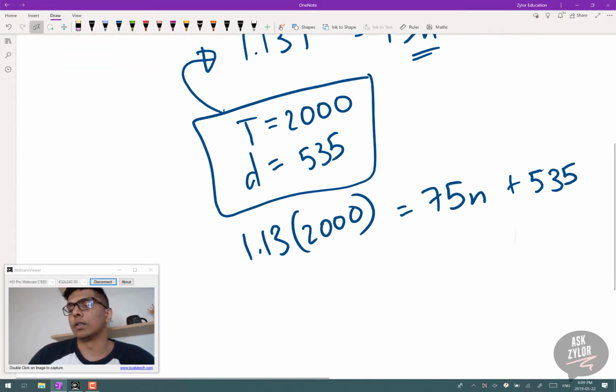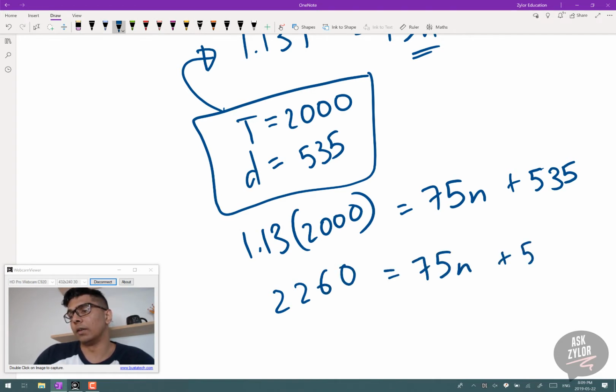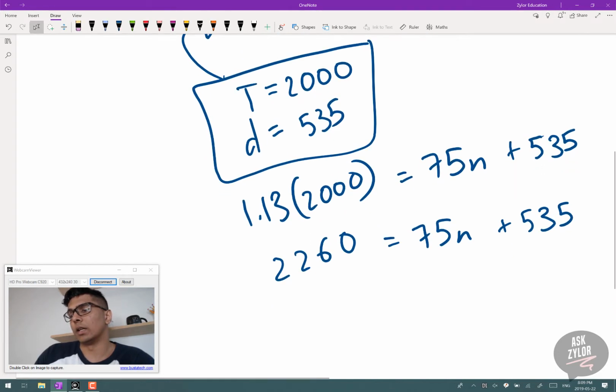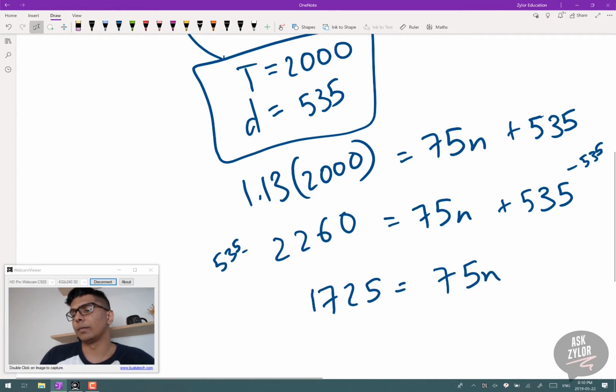Right. So when I multiply 1.13 by 2,000, I get 2260 is equal to 75n plus 535. Then I can take away 535 from both sides to give me 1725 is equal to 75n. I did that by subtracting 535 from both sides.